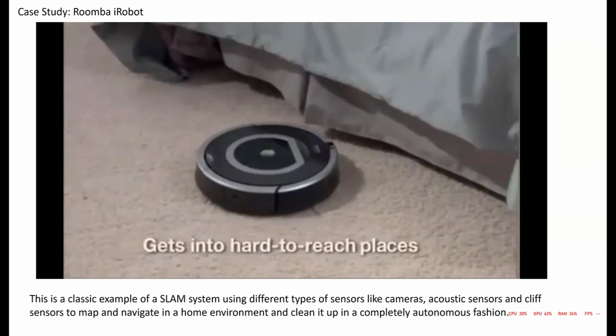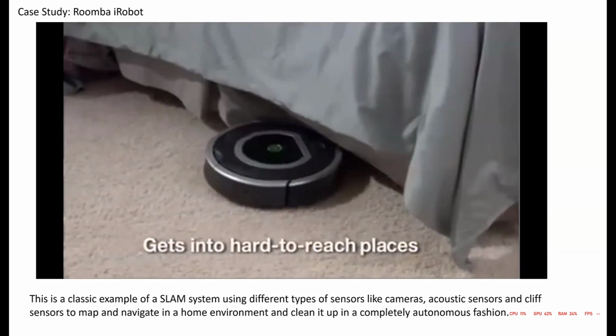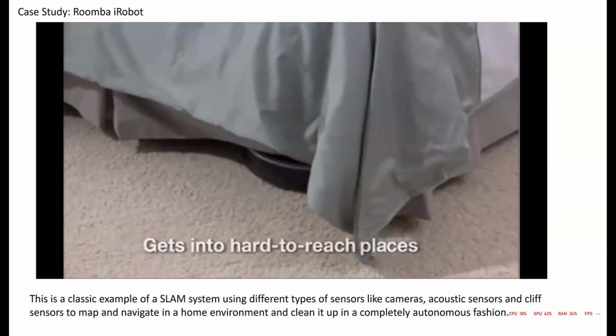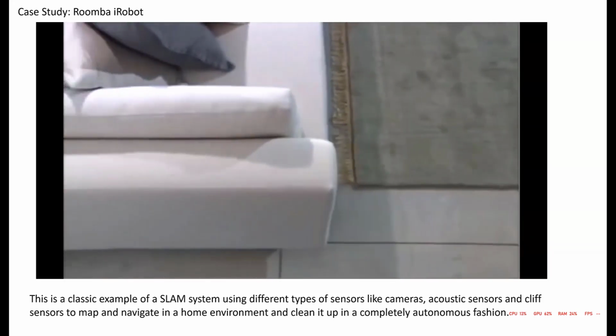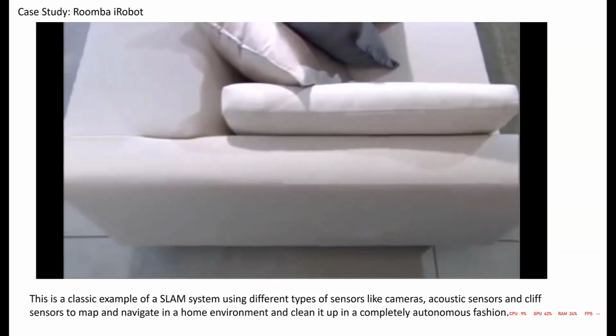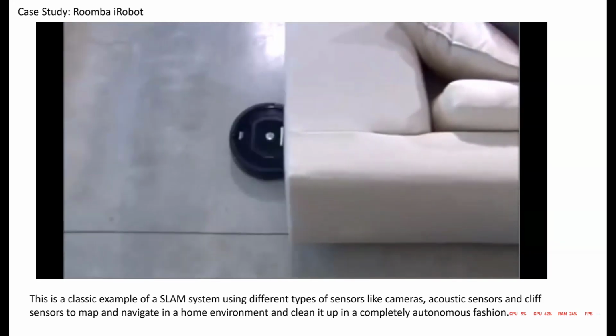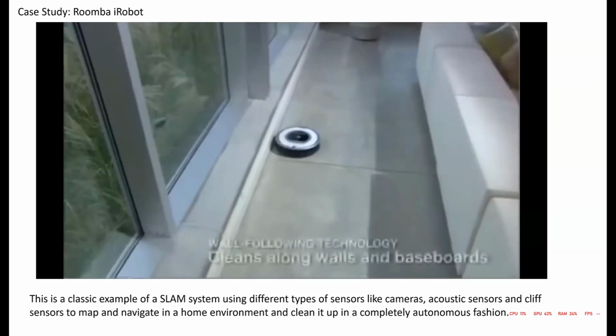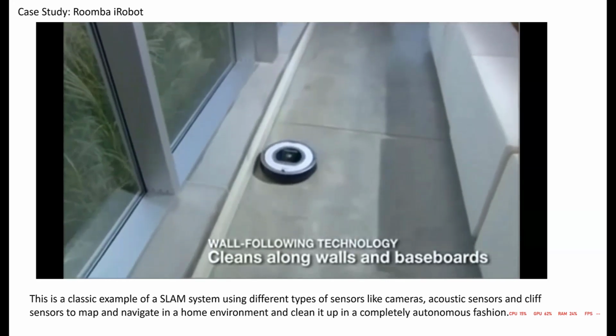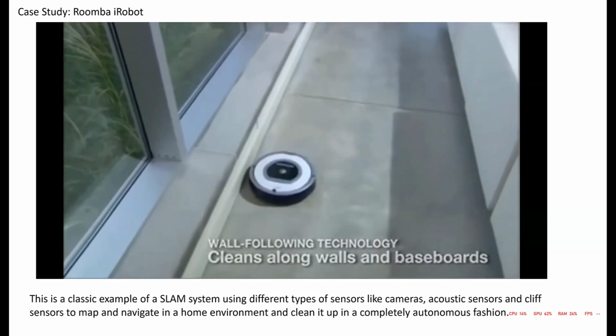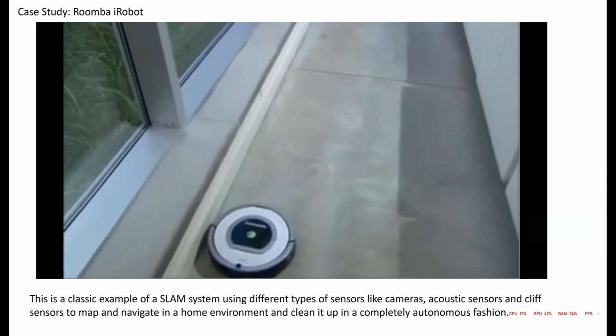Roomba cleans under the bed and other hard-to-reach areas. Unlike an old-fashioned upright vacuum, Roomba cleans in tight spots and under and around furniture. But Roomba uses wall-following technology to clean along walls and baseboards and ensure the whole floor is completely clean.